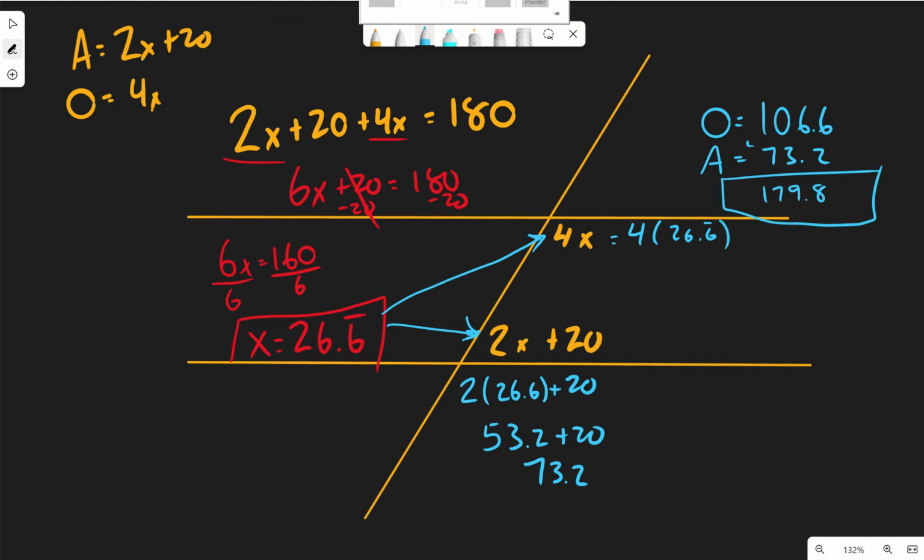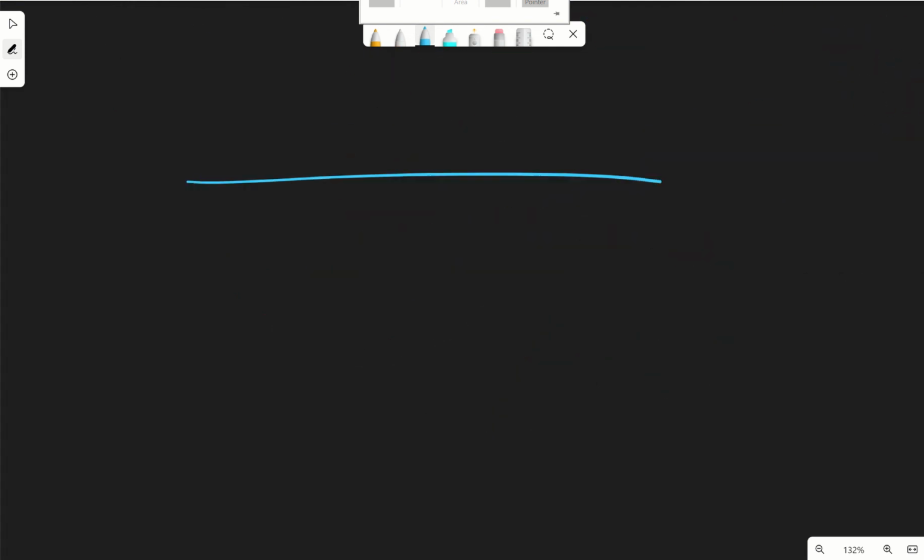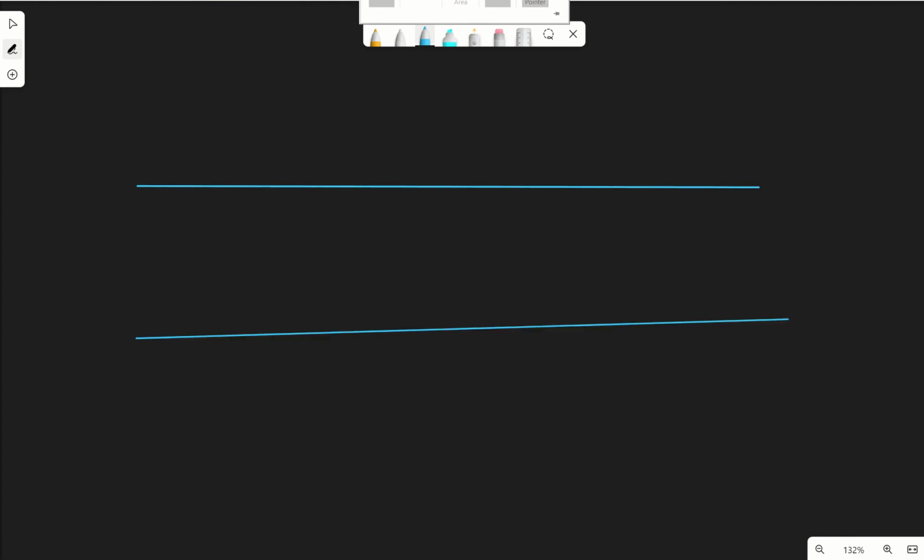Okay? So we're going to be working on finding angles today. While we're doing that, go ahead and find the measure of some of my acute angles here, and let's see if we can get this solved out.